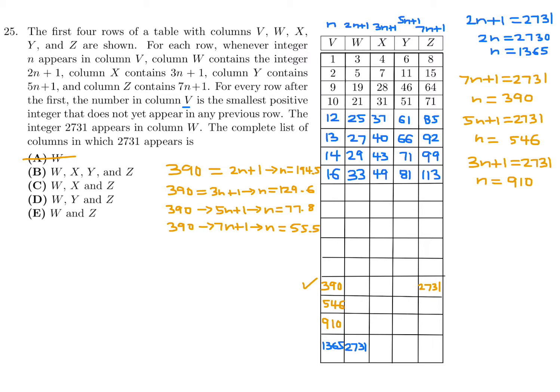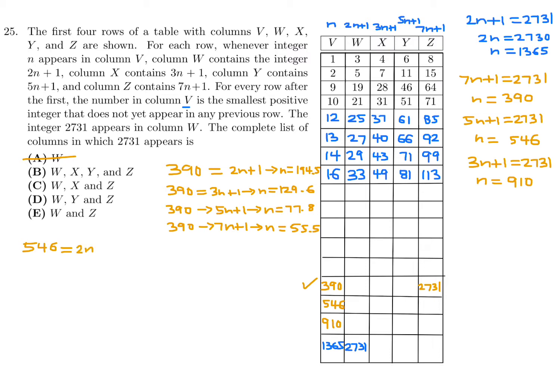Okay, so 546. If 546 is to appear in column V, what that means is that it can never have appeared anywhere in W, X, Y, or Z in any of the previous rows.